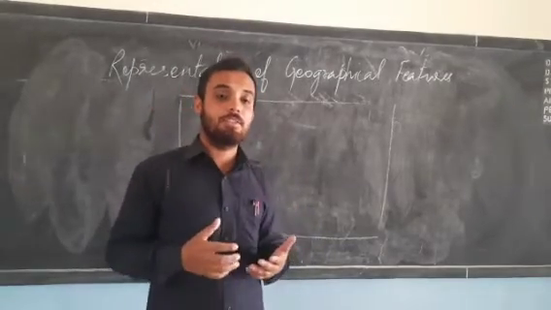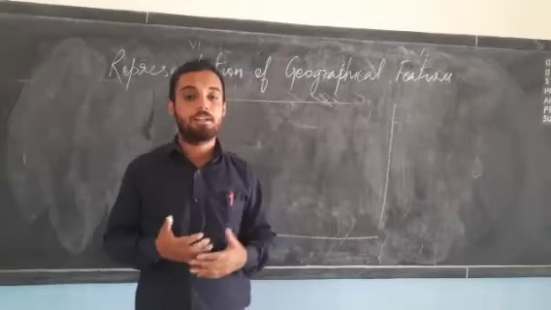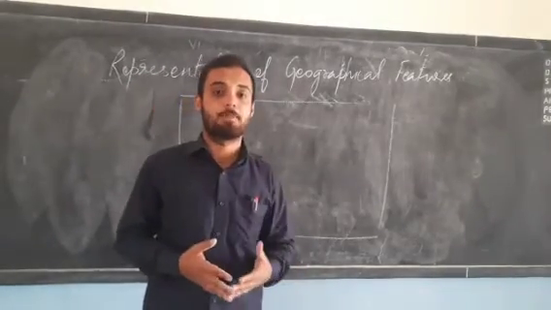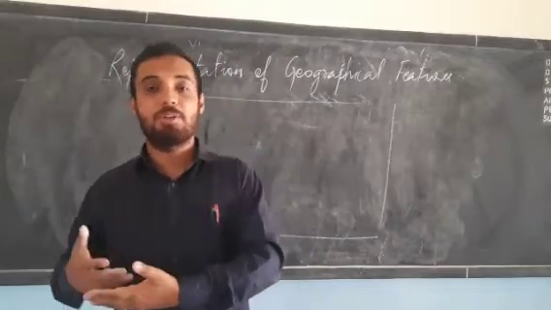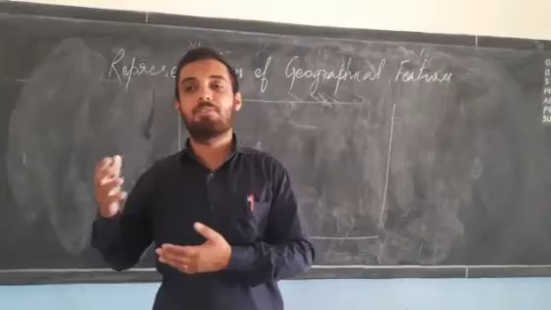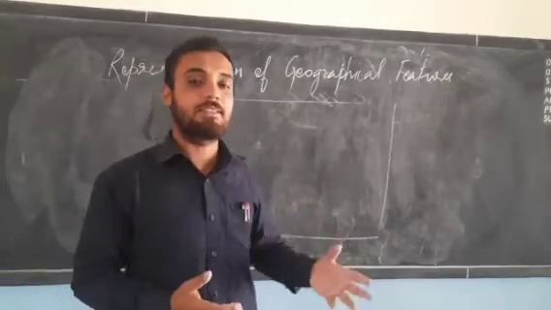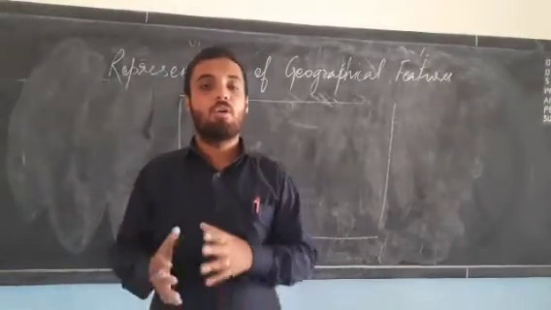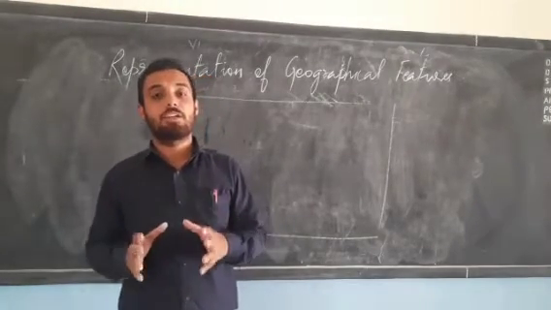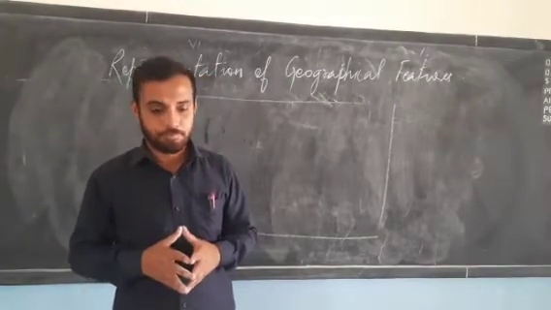It is very easy to see a map and identify what vegetation is in which place, which place experiences heavy rainfall, which place is cold, which place is hot, which place is desert. All these things can be understood by taking a look at a map.